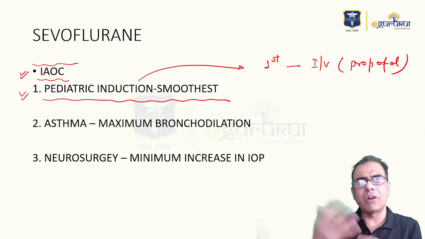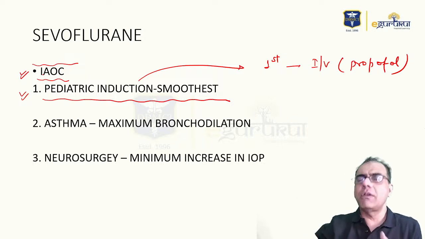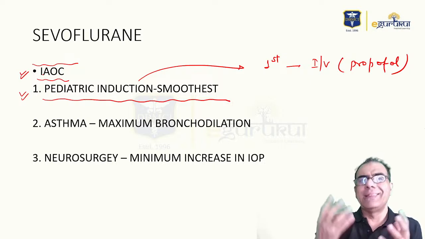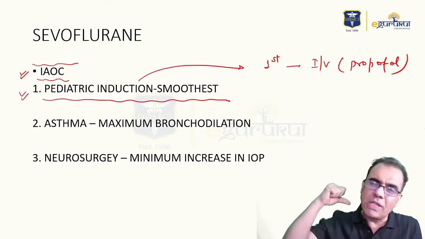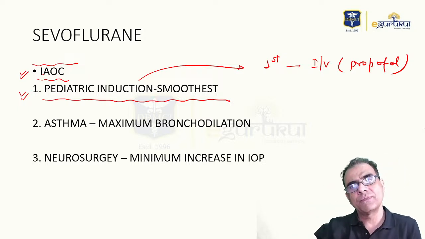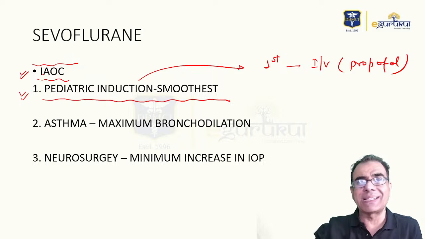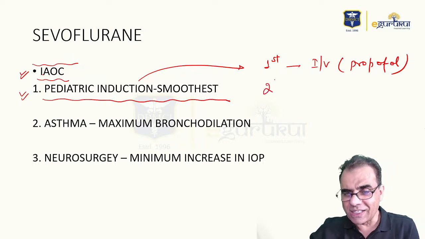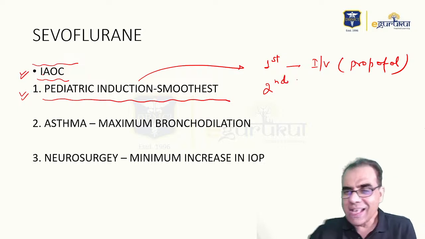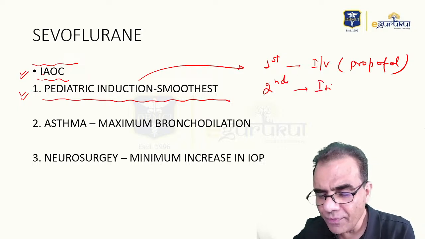Many times they will not allow you to put an IV cannula. Then we induce them by inhalation induction, and once they get induced, only then we put IV cannulas. So if the patient is coming without an IV cannula, then we have to go for inhalation induction. So inhalation induction is the second method of induction.